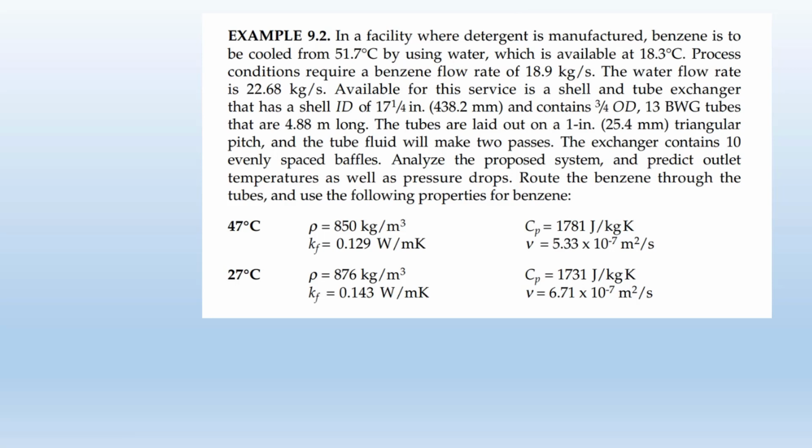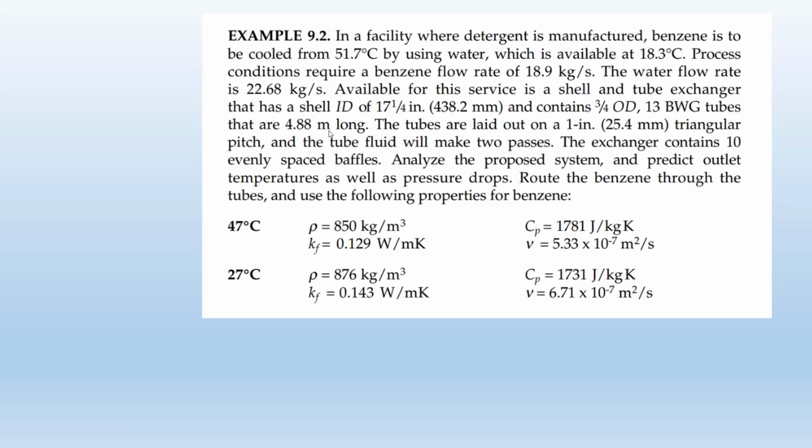So we have the mass flow rate for both benzene and water, and then we have this shell and tube heat exchanger with the known ID for the shell, and then some information for the tube and also the length.